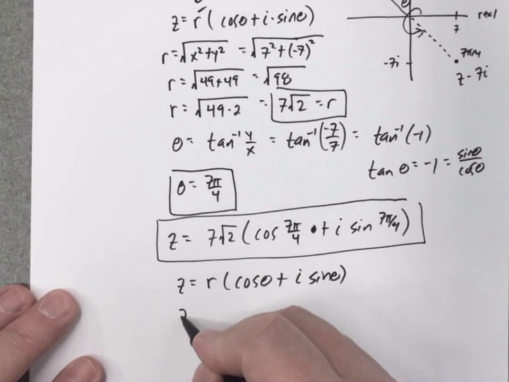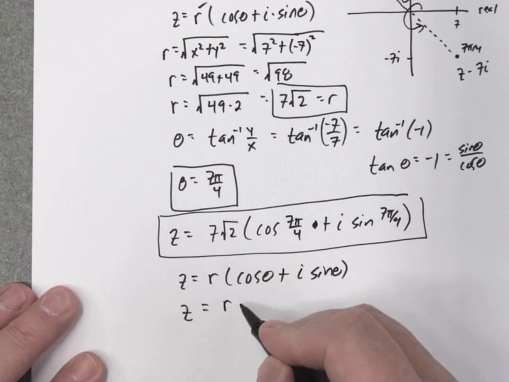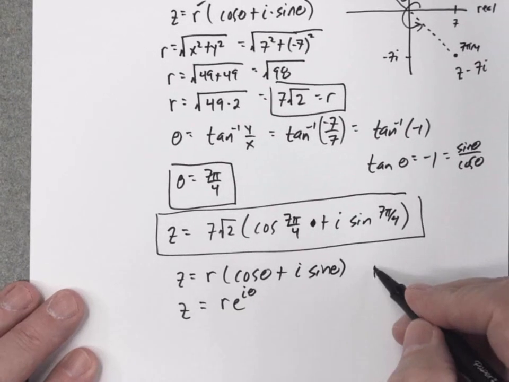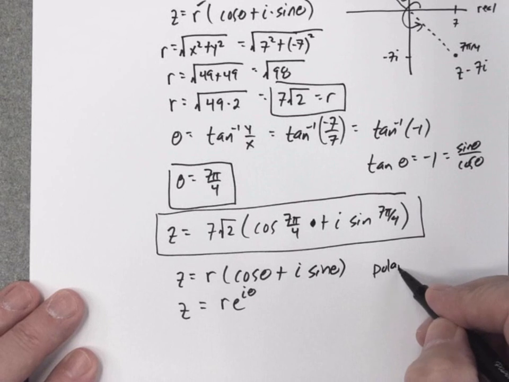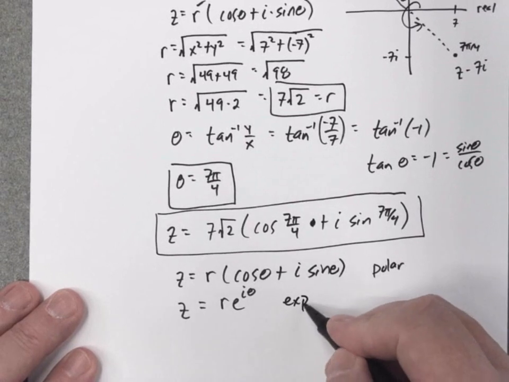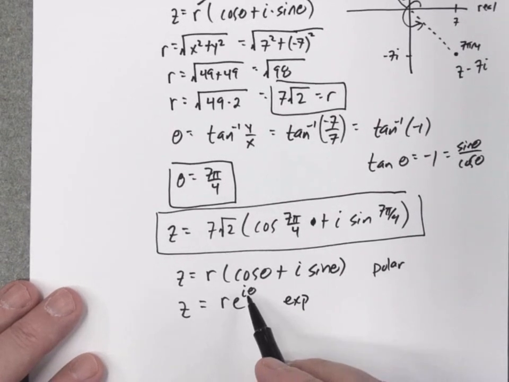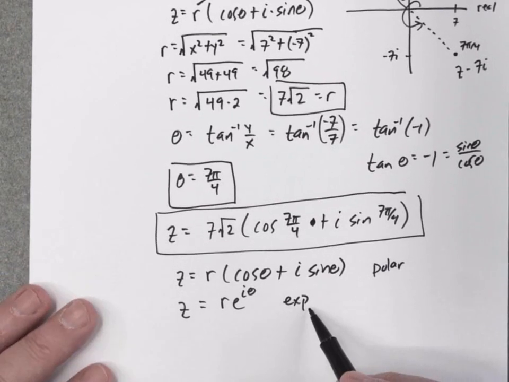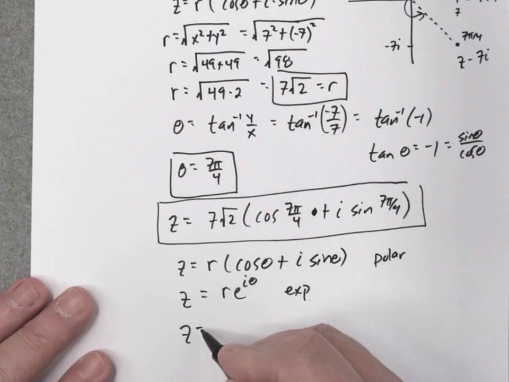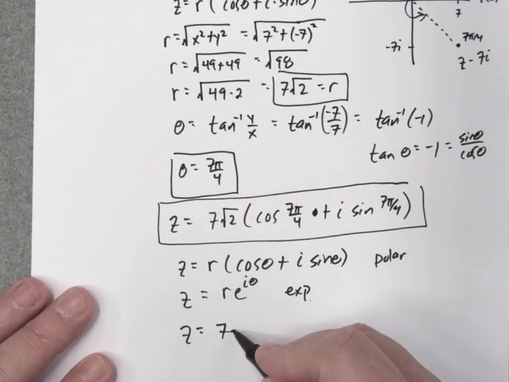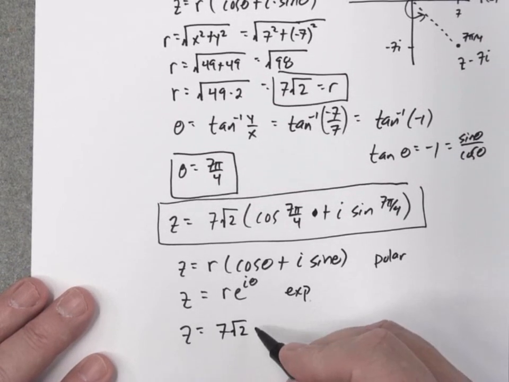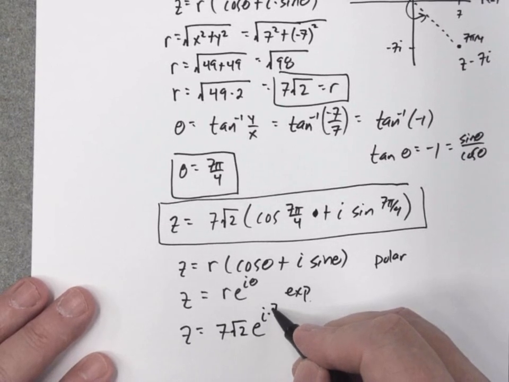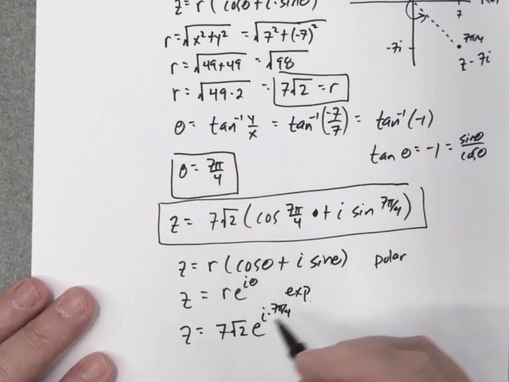because the exponential form is just simply r e to the i theta. So this is the polar form, this is the exponential form. So once you know r and theta, you've got both the polar and the exponential form. So for the exponential form, r is 7 square root of 2 e to the i, and theta is 7 pi over 4.